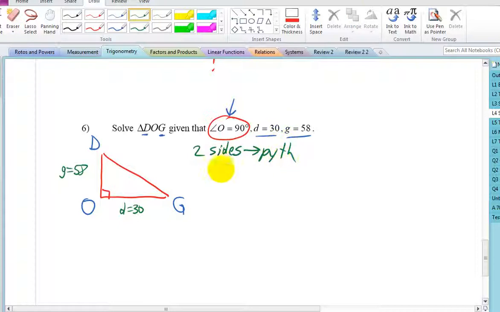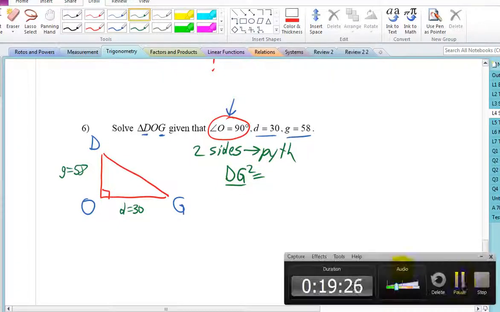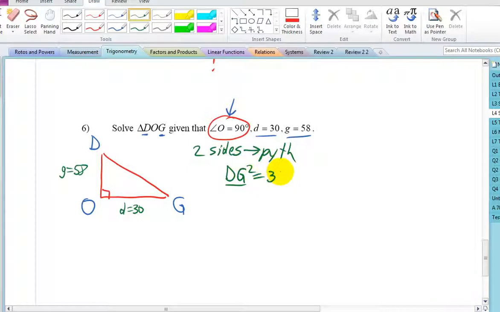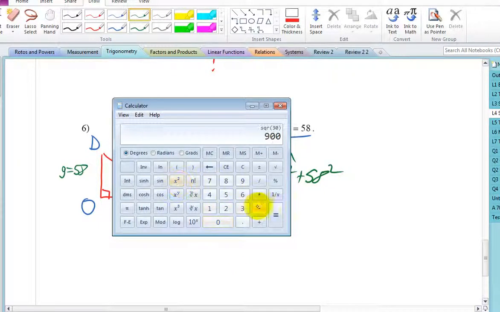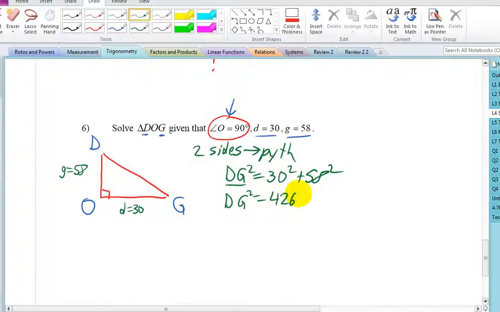Do that. Find side DG. Leave it as a radical. So 4264. So DG then equals square root 4264. Now you should simplify it, but for the sake of time, we're not going to. Okay, so you should simplify it.